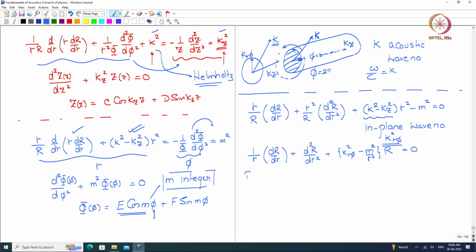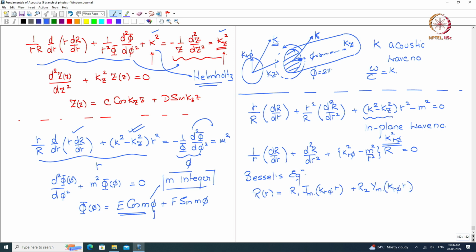Okay, this is a Bessel's equation in cylindrical coordinates, and therefore the solution is a combination of cylindrical Bessel functions: Jm, first kind, mth order, k r phi into r, plus R2, cylindrical Bessel function of second kind, k r phi of r.